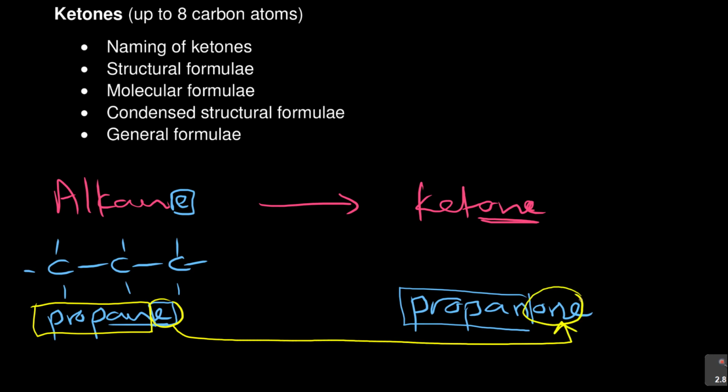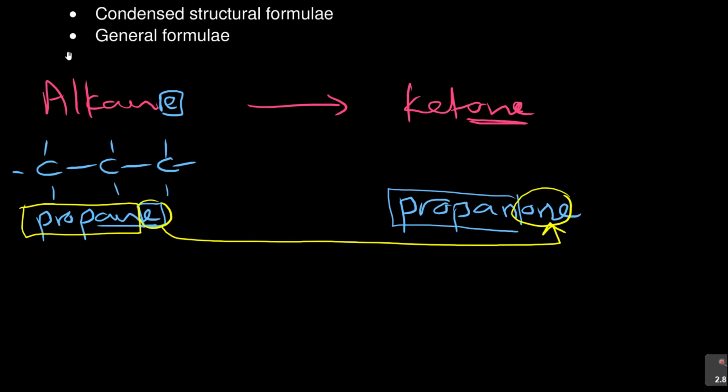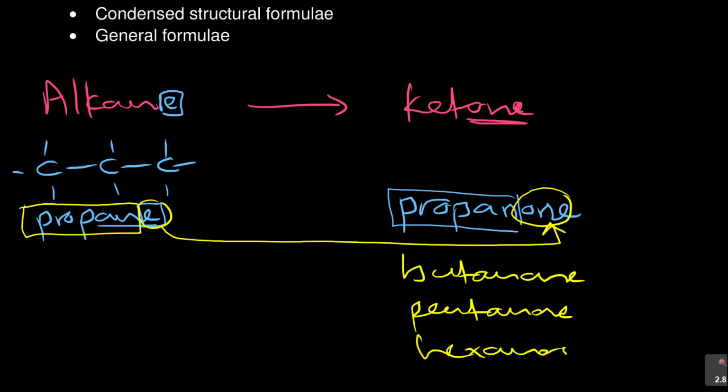Then it continues from propanone. You have butanone. We have pentanone. We have hexanone. We have heptanone and octanone, and so on and so on.